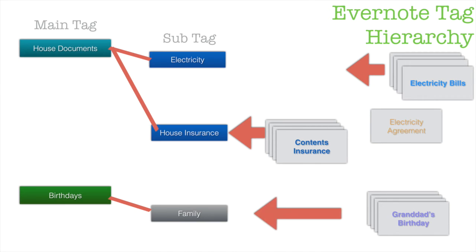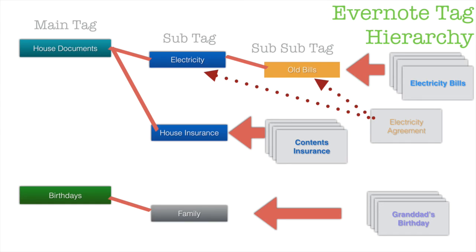The difference here is that my electricity agreement needs to be in two places within my organization structure. I want it to also be in a subtag called old bills, and I also want it to be in electricity. Because I'm tagging these with two names, that one note appears in two different places. Let me rather show this to you.